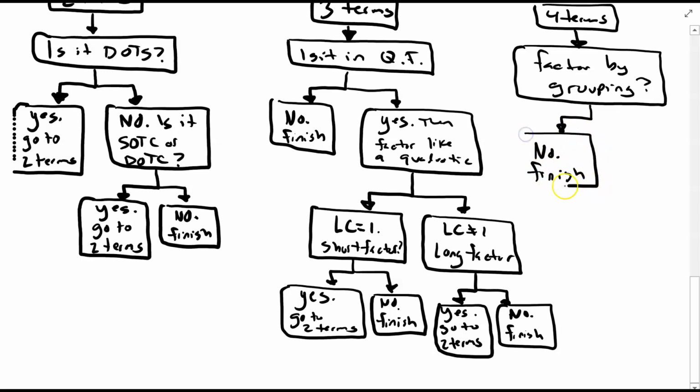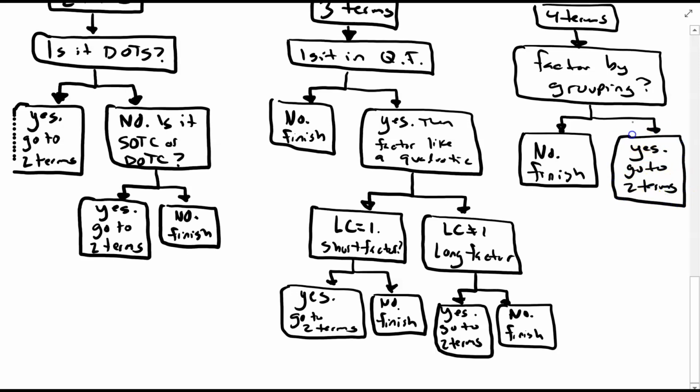If we can't, there is nothing more for us to do. If we could, then we had to go and check the two-term parts to see if there was any more factoring that we could do.